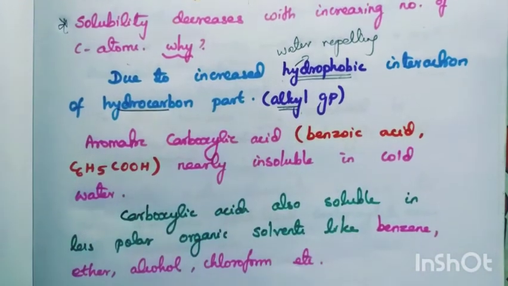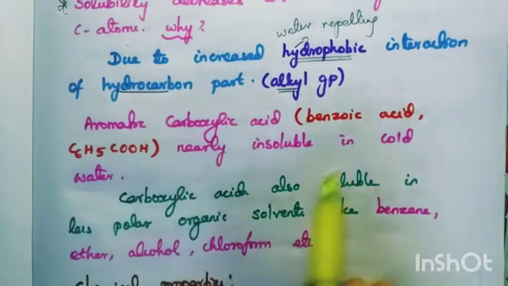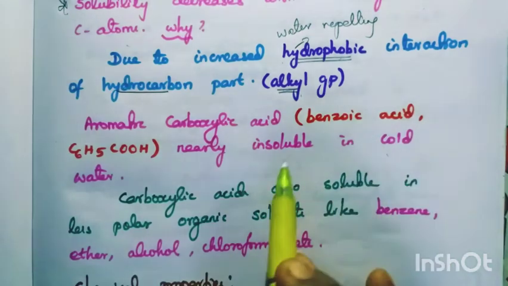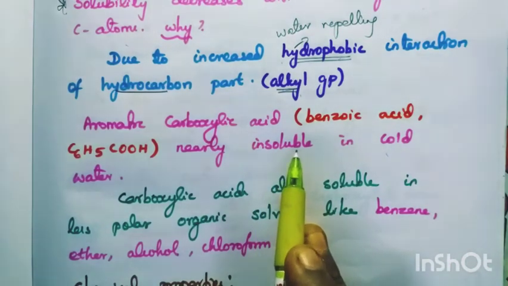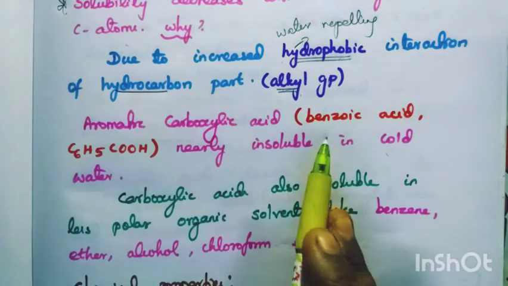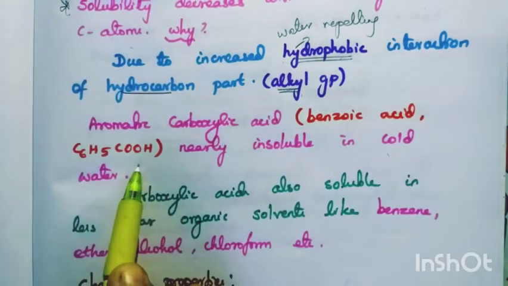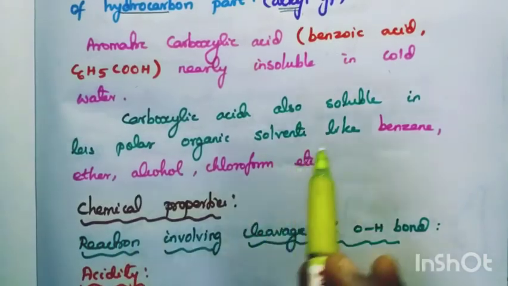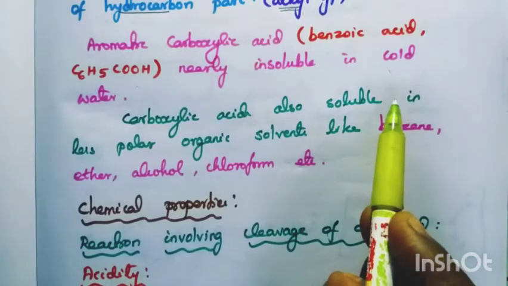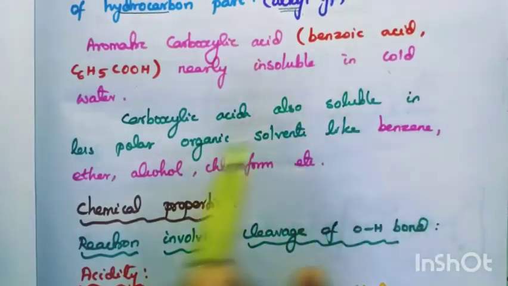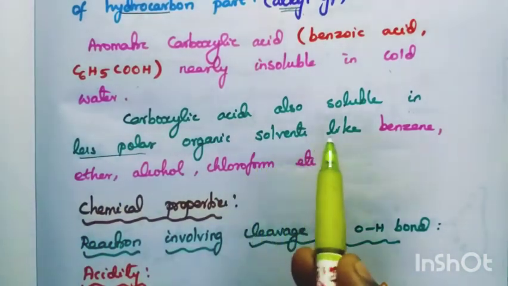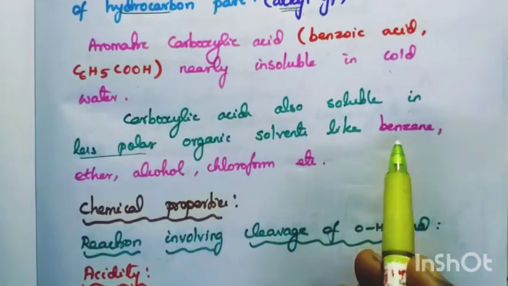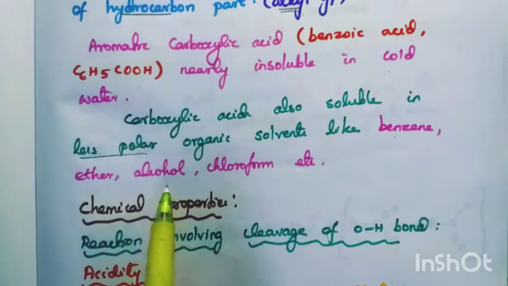Aromatic carboxylic acids are nearly insoluble in cold water. Benzoic acid, we know the formula, C6H5COOH, is insoluble in cold water, but soluble in less polar organic solvents like benzene, ether, alcohol and chloroform.